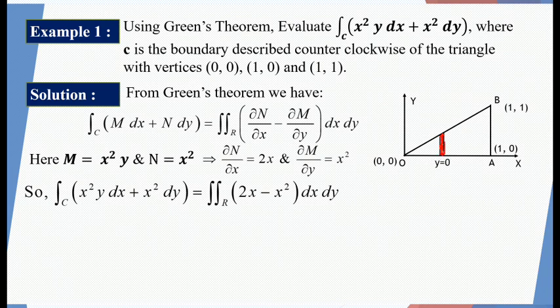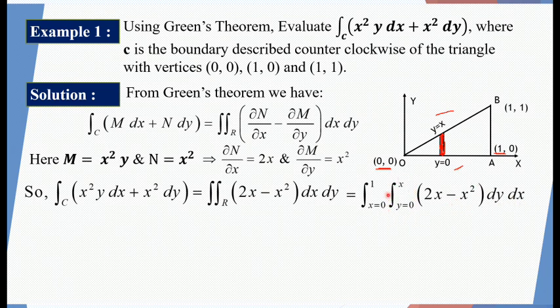At this particular strip, here y equals 0 and at this particular point y equals x, and the limits for x are initial limit 0 and final limit 1. So the limits for x are 0 to 1 and the limits for y are 0 to x. On replacing the limits, we get integral x equals 0 to 1, integral y equals 0 to x, (2x minus x square) dy dx.